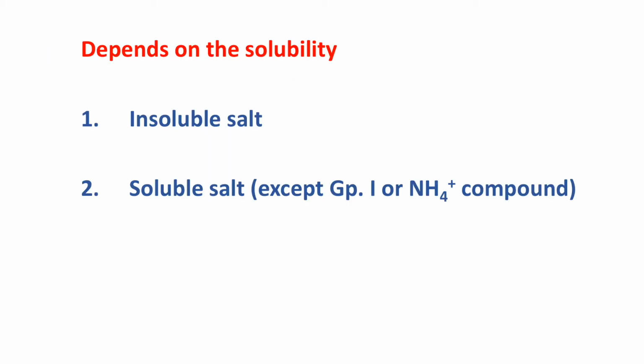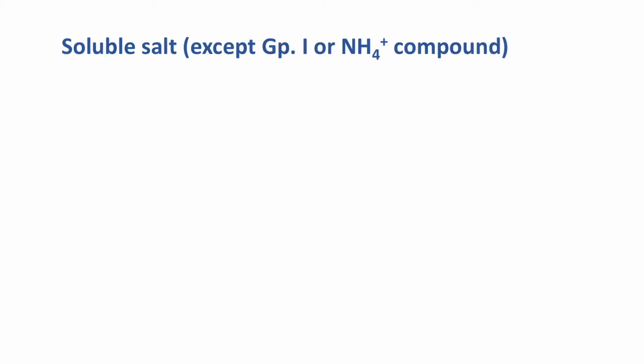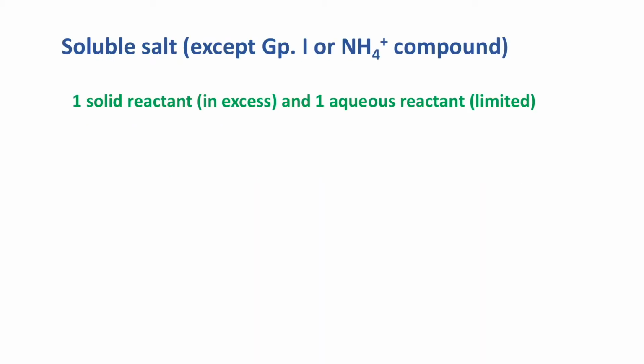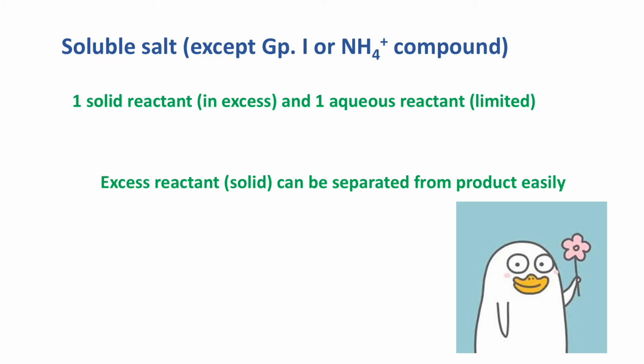Next is soluble salt without group 1 or ammonium compound. They can be prepared by using a solid reactant and an aqueous reactant. But the point is, the solid reactant must be in excess, because excess reactant, which is solid, can be separated easily from our product, which is in aqueous solution.